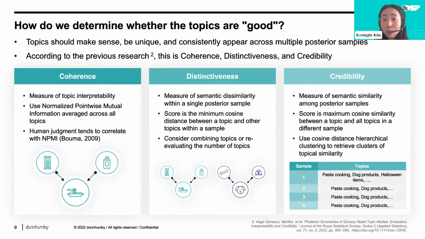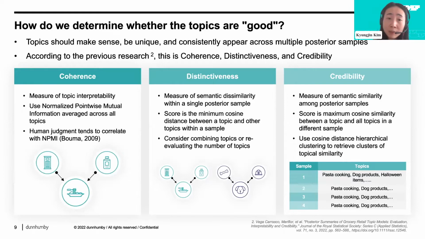Coherence is a measure of topic interpretability. For example, pasta and pasta sauce can be easily associated with one topic, one need state, pasta cooking. But pasta and sugar don't seem to serve a specific need. In this case, this topic is incoherent.